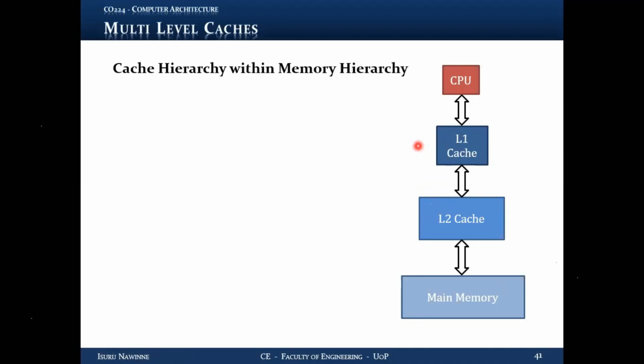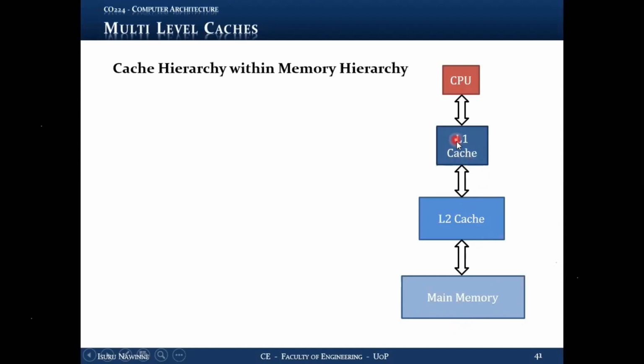So the idea is, if we didn't have a level 2 cache, level 1, this top level cache, has to go to the memory in order to fetch a missing block directly. And that consumes a large number of CPU clock cycles. So in the event of a missing block in the top level, you fetch it from the next level or lower level cache rather than going directly to the memory.